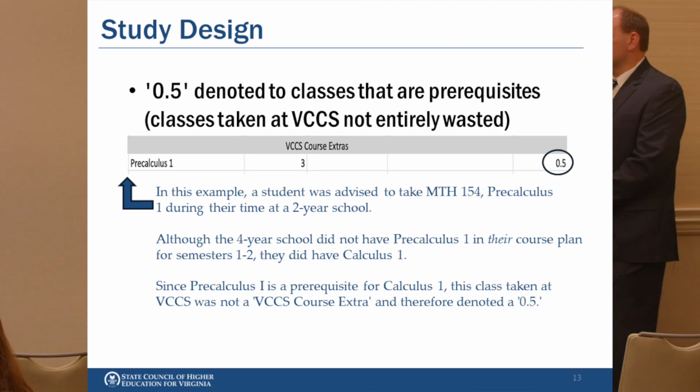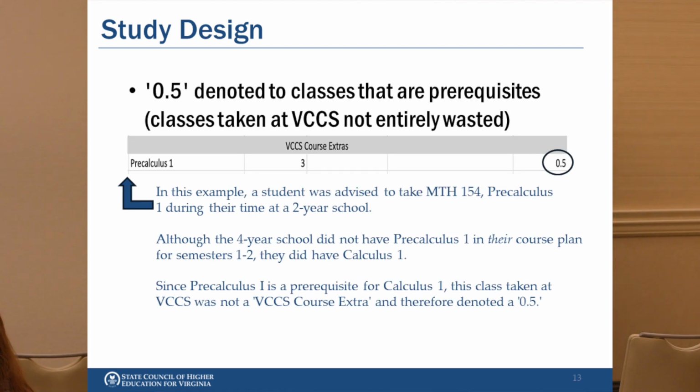And then we've also given a 0.5 to the gray area. In this case, we've got a pre-calculus 1 class that was in the Virginia Community College transfer guide. We can assume in this case that the 4-year college required a calculus 1 course. So by the student taking this pre-calculus class, it was not wasted, it was not an excess credit because it was a prerequisite for their required class.